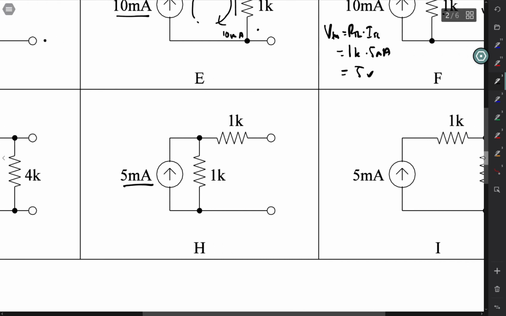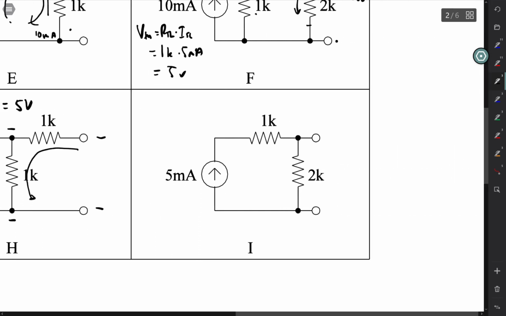I can get the Thevenin voltage by looking at the open circuit voltage, which is the same as the voltage drop across this 1K. So V Thevenin is equal to 5 milliamps times 1K, which is equal to 5 volts. And looking back through this way, I can see that my R Thevenin is 1K plus 1K, which is 2K.